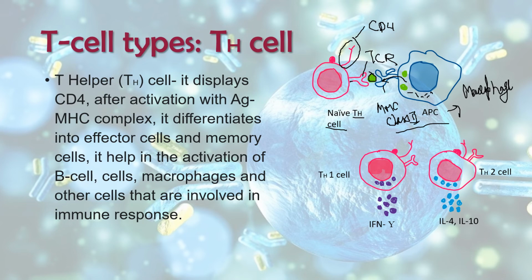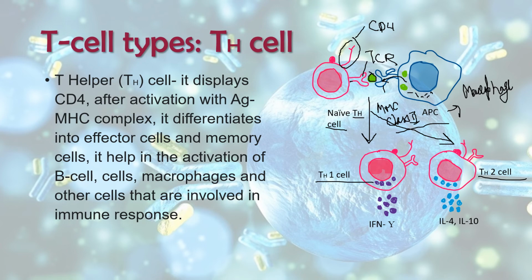Now, as soon as this interaction takes place, the TH cell gets activated and can differentiate into a TH1 cell or a TH2 cell. TH1 and TH2 cells can be distinguished by the types of cytokines they produce.